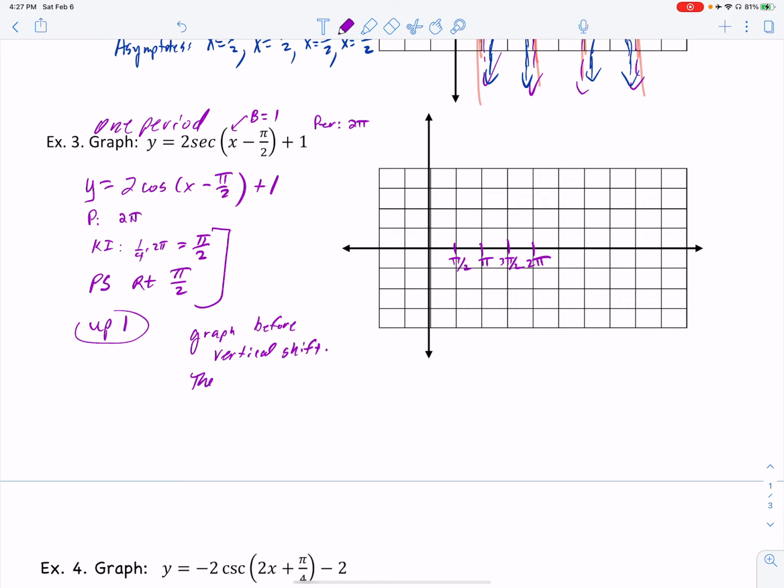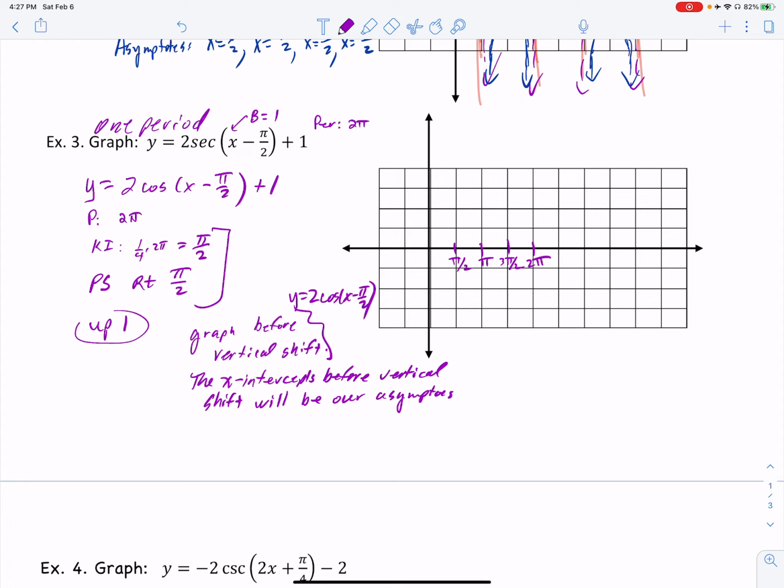And the x-intercepts before the vertical shift will be our asymptotes for secant. So basically graphing before vertical shift means I'm graphing y is equal to 2 cosine x minus pi halves. So we'll start with that and then we're going to move it up. So let's take this little by little.